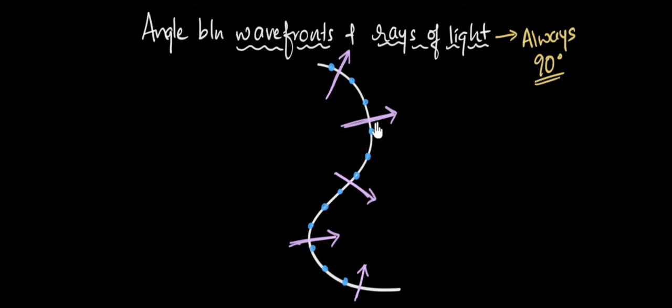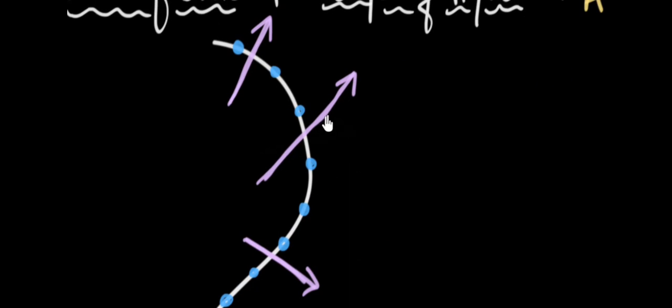Let's say that this ray over here was not perpendicular. Maybe it was somewhat like this. What would happen in this case? Well, let me zoom in. The way I like to do this is to say that this ray can now be divided into two components. Bear with me, it'll make sense why I'm doing this.